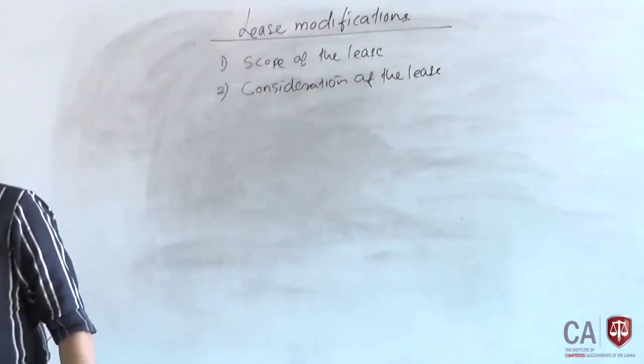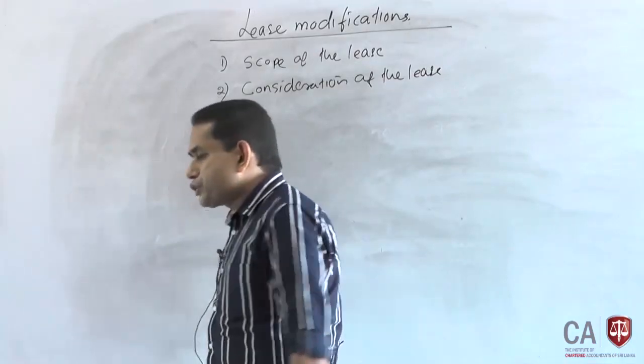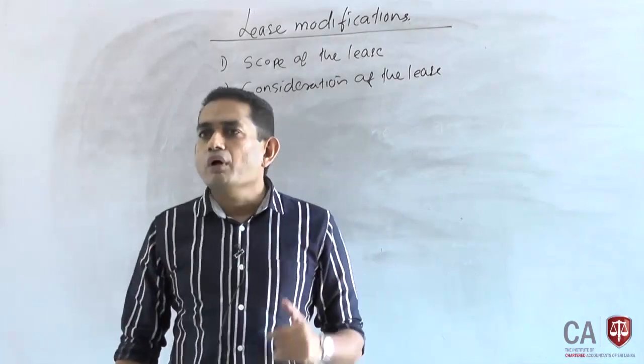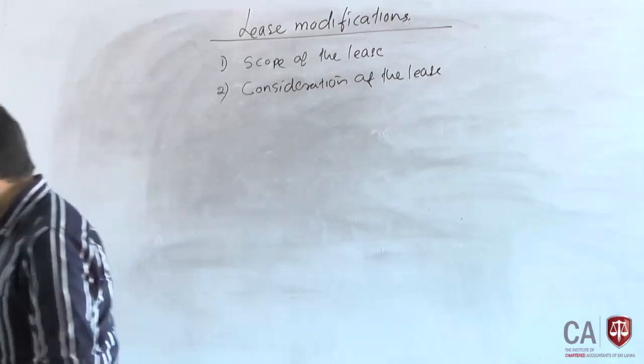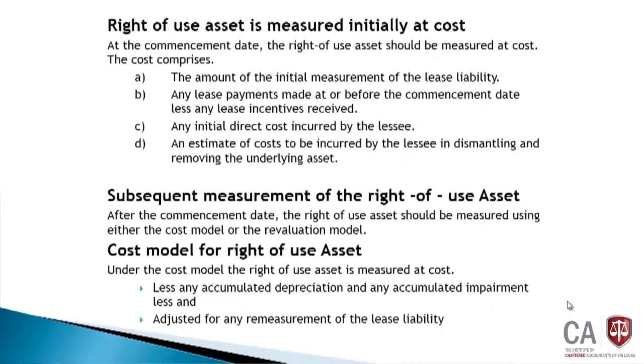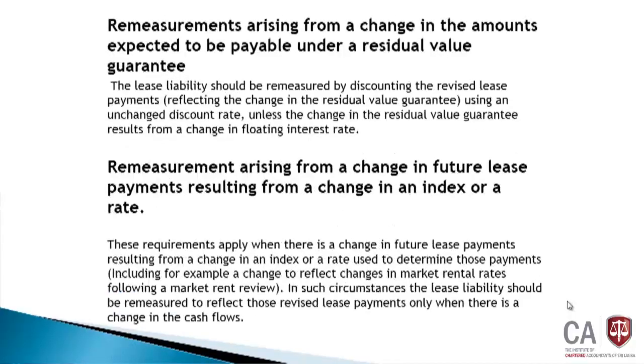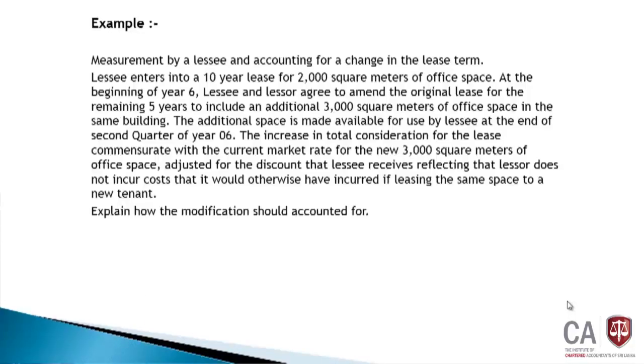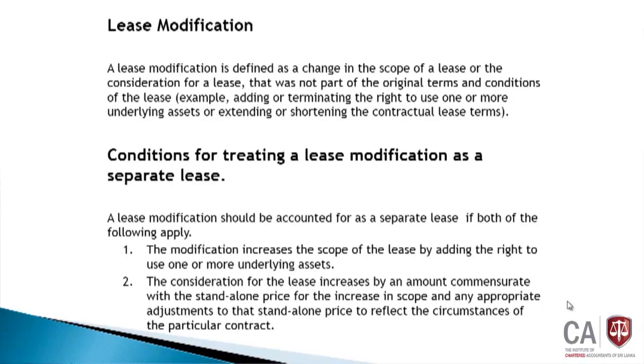So what are the grounds on which a modification can be considered to be a fresh lease? A lease modification should be accounted as a separate lease if both of the following apply. The modification increases the scope, and that is important.